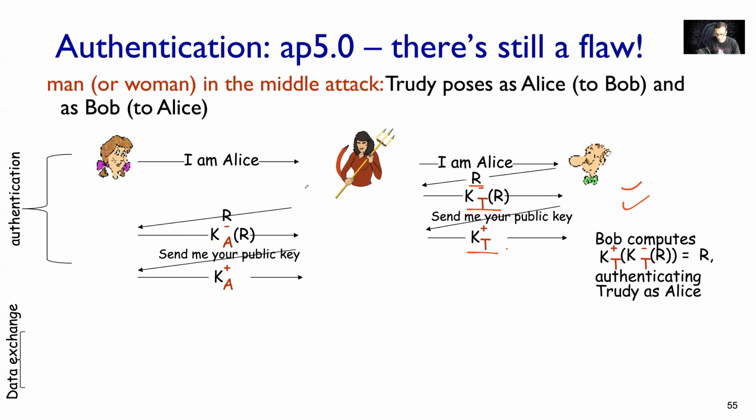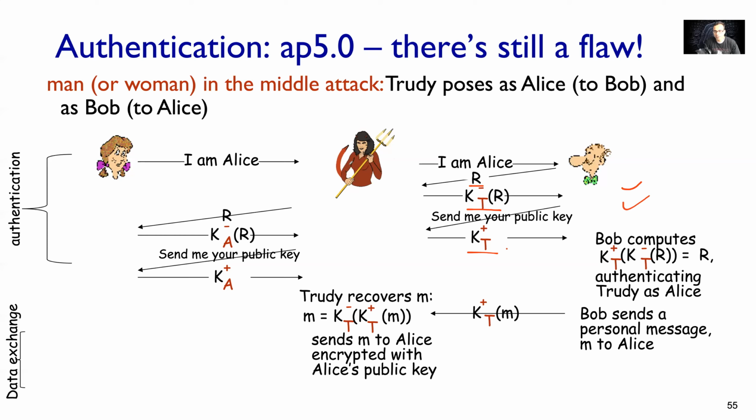So Trudy can continue with that. Now, at this point, she has basically inserted herself into this channel. So she has fooled Alice into thinking she's Bob, and she has fooled Bob into thinking she's Alice, which means this person has now inserted himself into the communication.